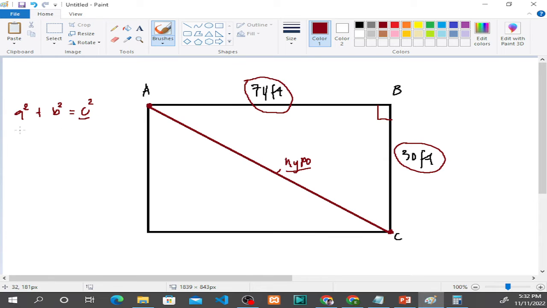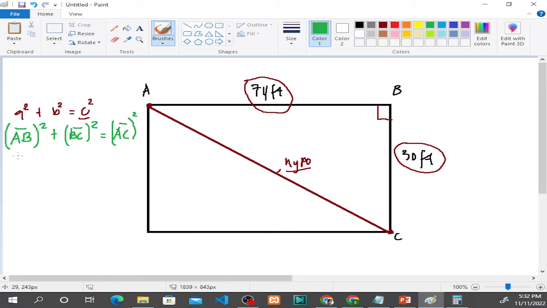We can substitute AB, squared, plus BC, squared, and that is equivalent to the length of line AC to the power of 2.